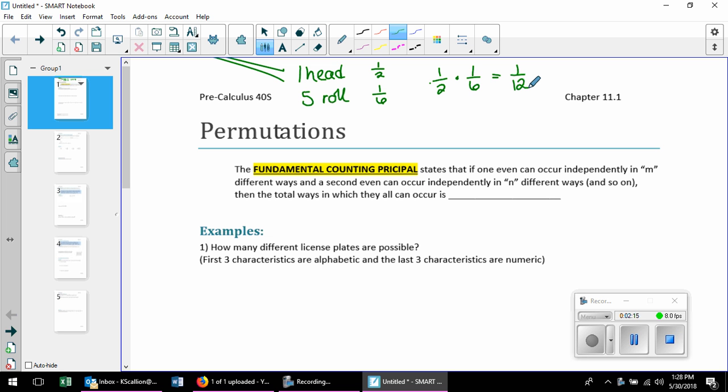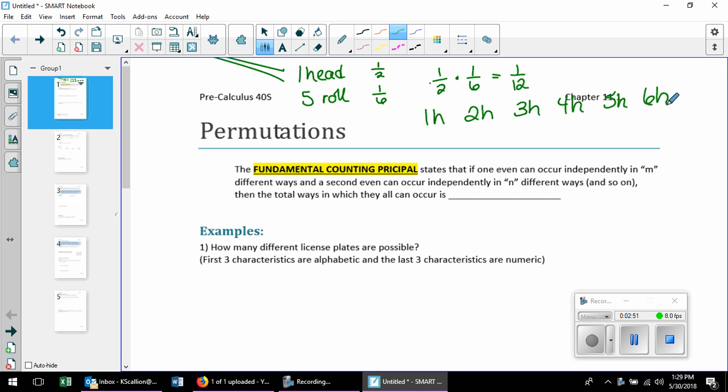Easy peasy. So that would mean that there are 12 possible combinations in flipping a coin and rolling a dice. That makes sense? What would they be? We could get a 1 and a head, a 2 and a head, a 3 and a head, a 4 and a head, a 5 and a head, and a 6 and a head.